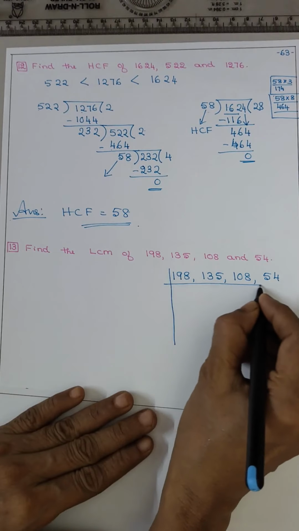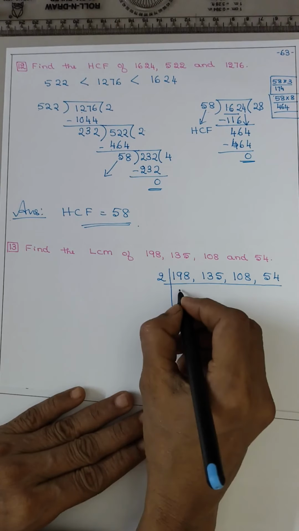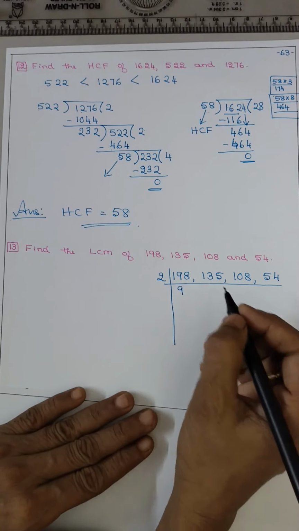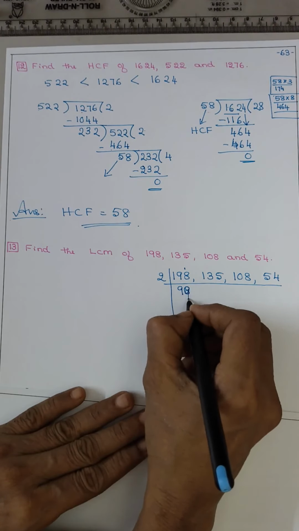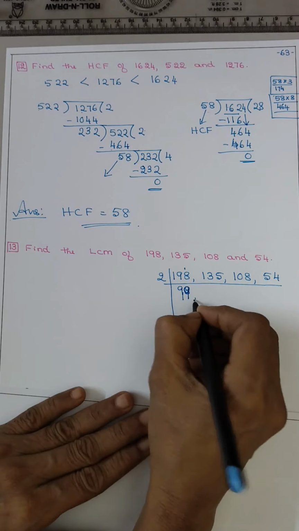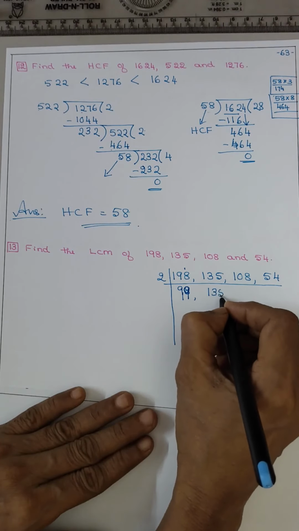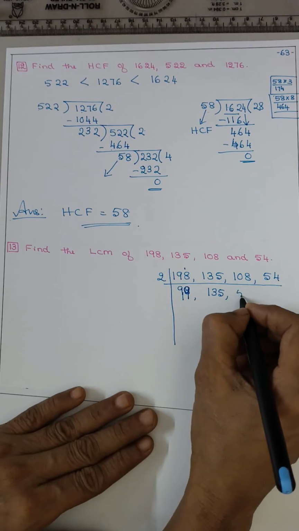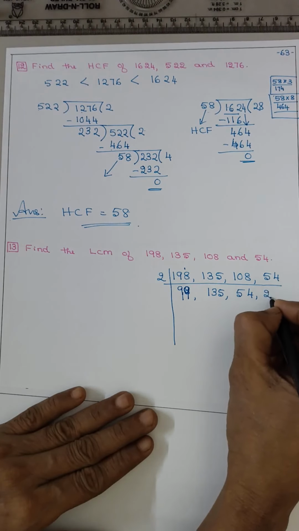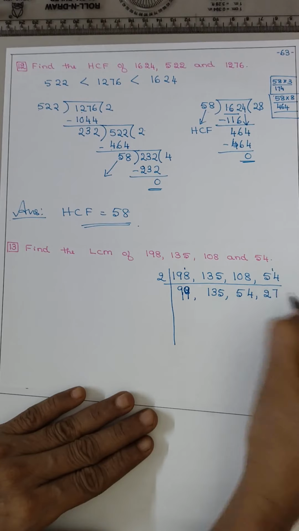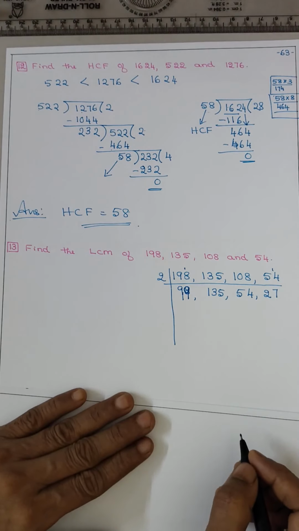Even number, so divide by 2. 9s are 18, 1 remain, 9s are 18. 135 as it is. 2 5s are 10, 2 4s are 8, 2 2s are 4, 1 remain, 2 7s are 14.